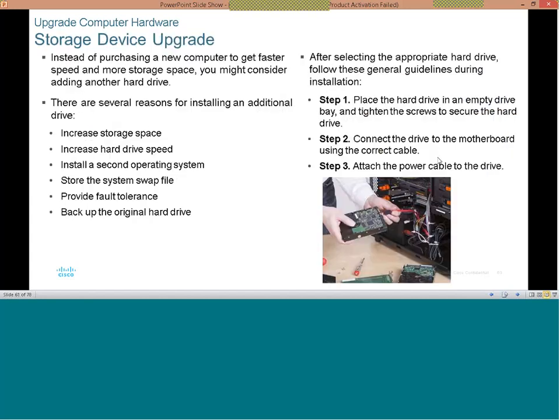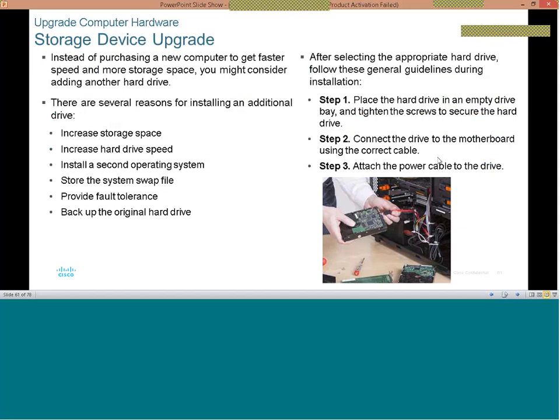So, storage device upgrade still. There are several reasons for installing an additional drive. What are the reasons? One, increase storage space. When you do a storage device upgrade, you have more space. Increase hardware speed, because the surface area where the information is housed is smaller. Install a second operating system. Store the system swap file.